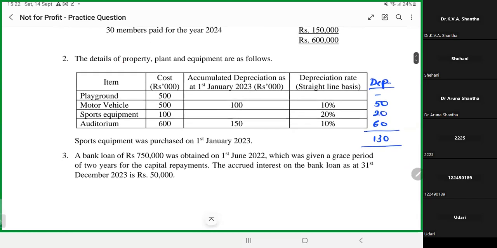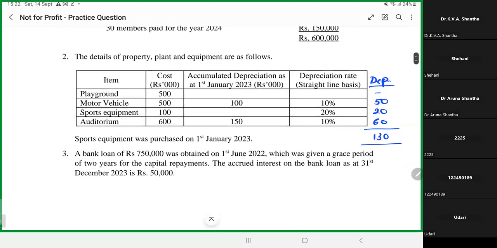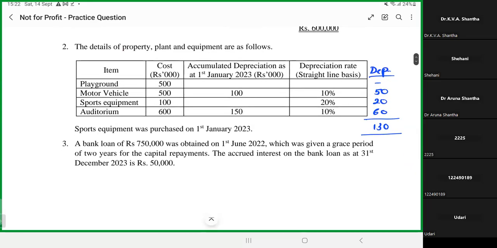Then number 3, that's about the bank loan. A bank loan of 750 was obtained on 1st June 22 last year, which was given a grace period of 2 years for the capital repayment.